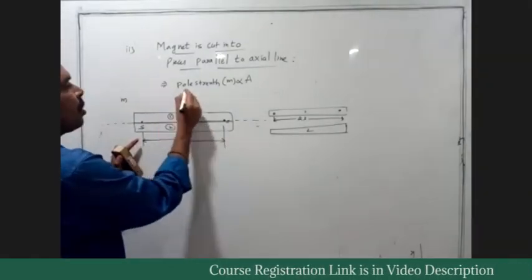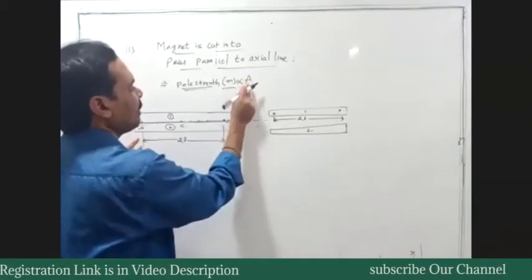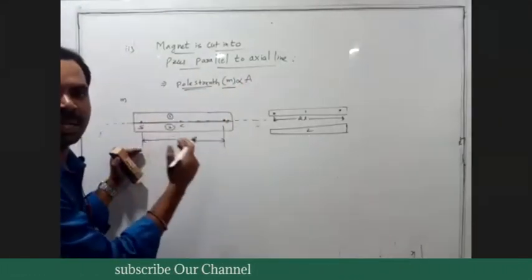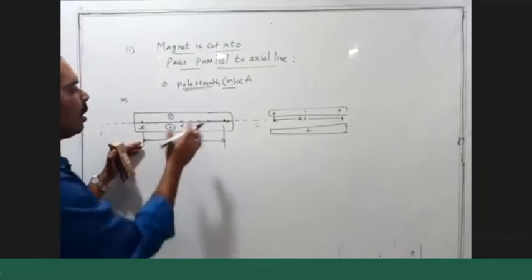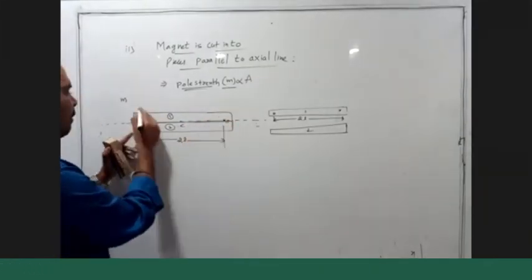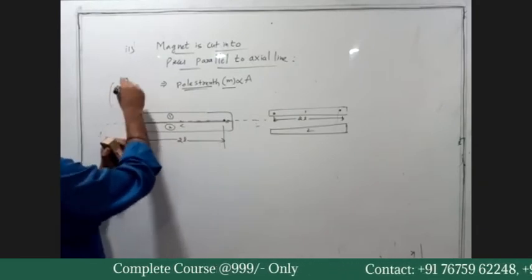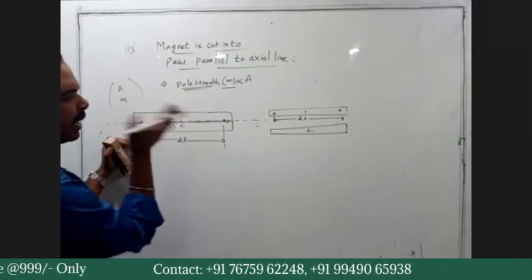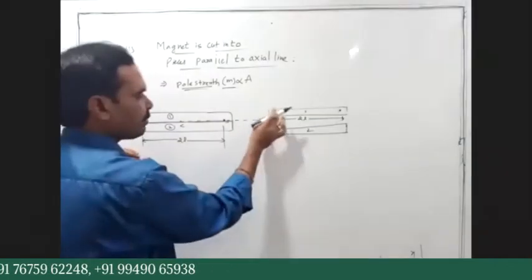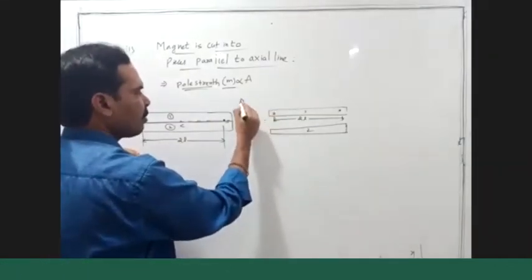So the pole strength of a magnet depends on its area of cross section. Initially this bar magnet has area of cross section, suppose A. Now it is divided into half. So its area of cross section now becomes A by 2.